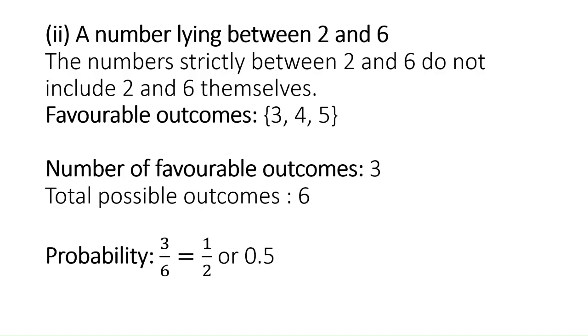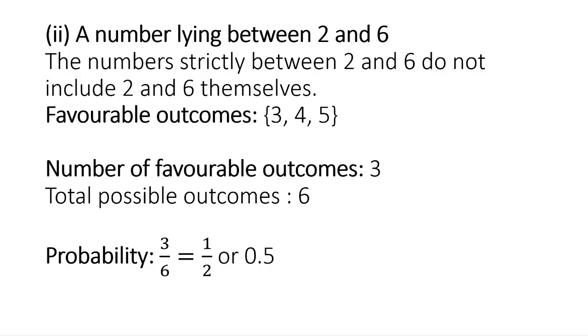So how will we find the probability? The probability of a number lying between 2 and 6 will be total number of favorable outcomes by total number of possible outcomes. So favorable outcomes are 3 and possible outcomes are 6. Obviously it also becomes 1 by 2, or 0.5 when we simplify it.